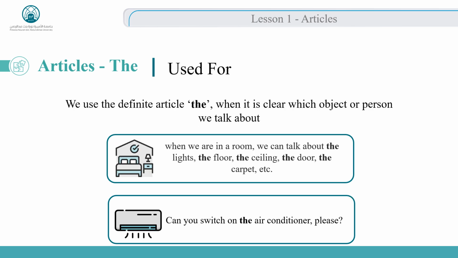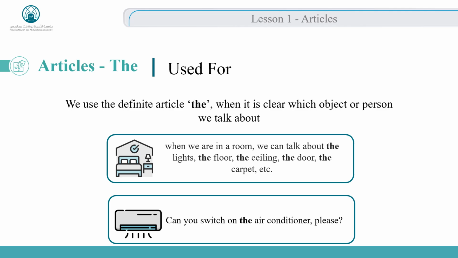We also use the definite article the when it is clear which object or person we talk about. This will be very clear from the context that we're talking about a specific object or a specific person. When we are in a room, for example, we can talk about the lights, the floor, the ceiling, the door, the carpet, etc. It is clear to me and the person I am talking to which objects I am referring to.